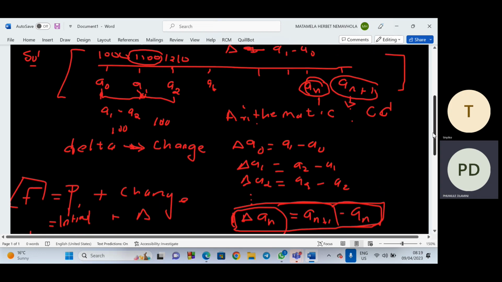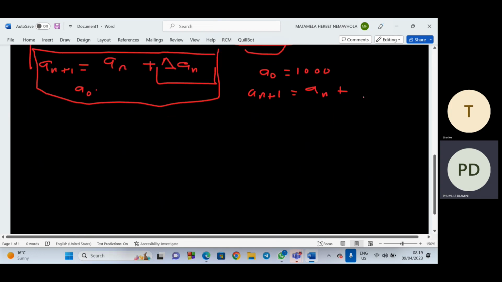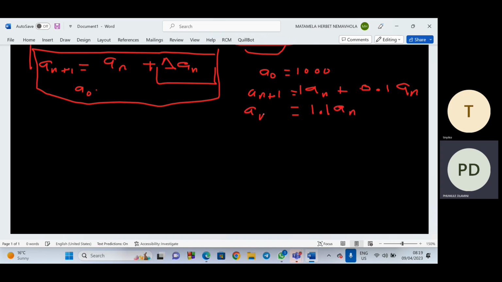So the equation says delta equals 0.1 times a_n, because what is changing is a_n. If I have this, I can simplify it: this side also has 1, so it's 1 plus 0.1, which gives me 1.1 a_n. So my a_{n+1} is equal to this.